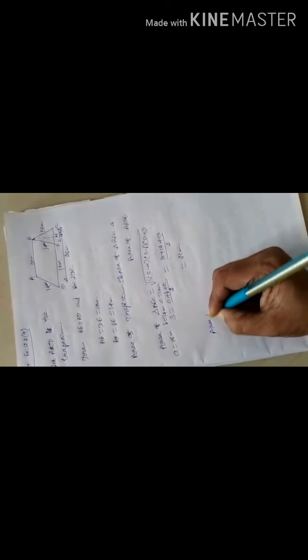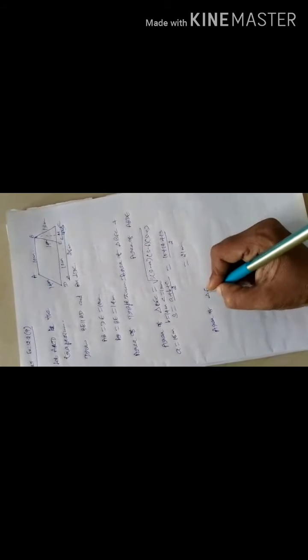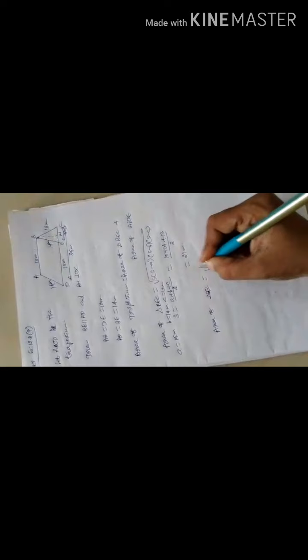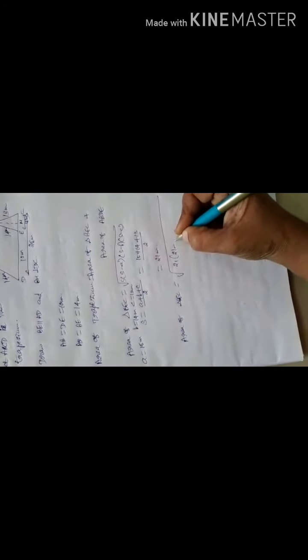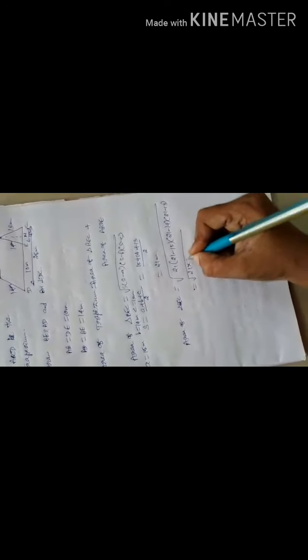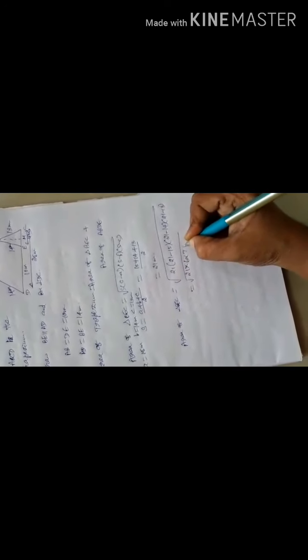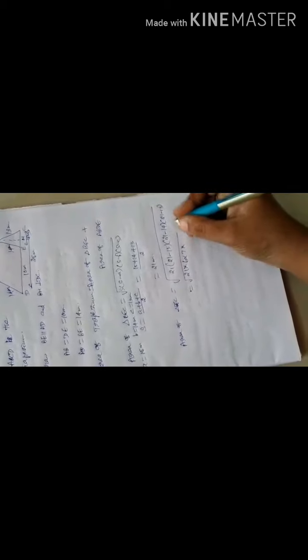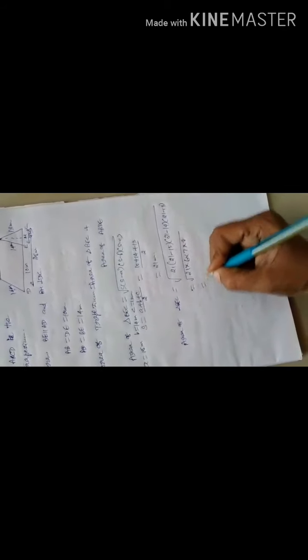Now area of triangle BEC equal to root of 21 into 21 minus 15, 21 minus 14, 21 minus 13. ABC values we can substitute. So 21 into 6 into 7 into 21 minus 13 is 8.